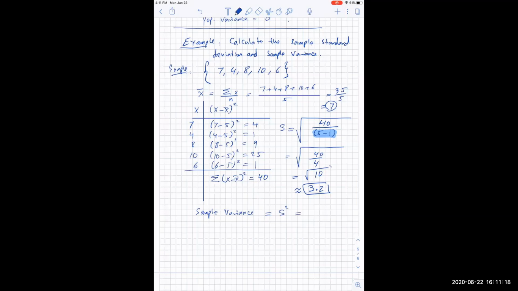I go to the exact value, which is the square root of 10. If I square it, the square is gone, the square root is gone, so you get exactly 10 for the sample variance.